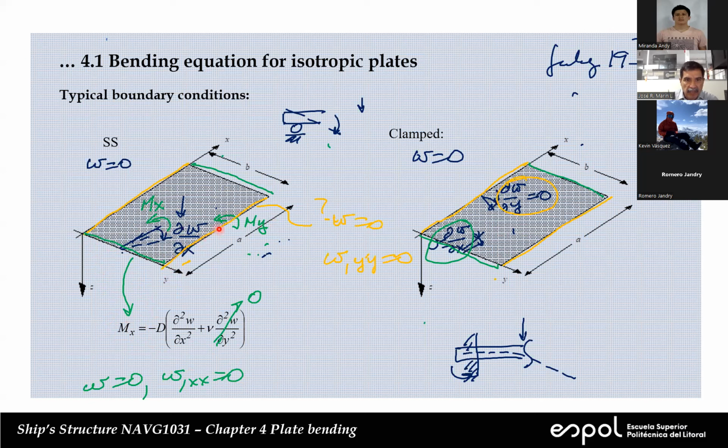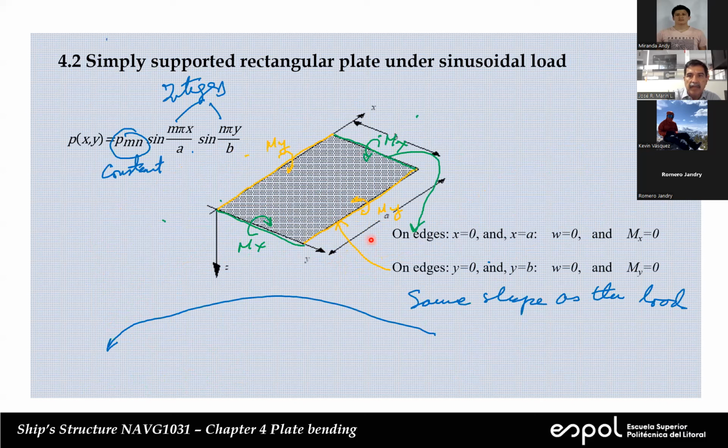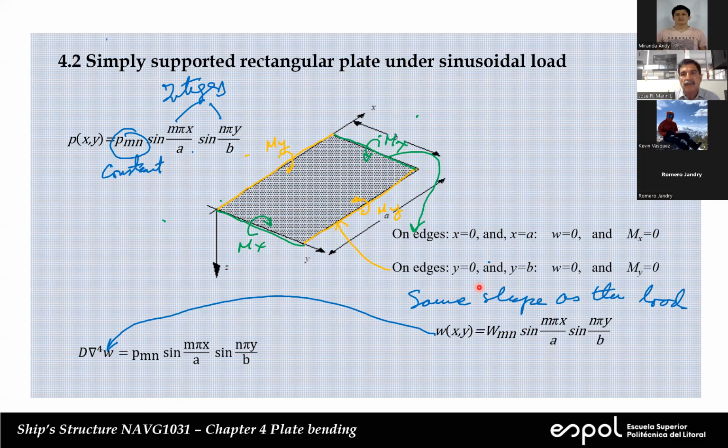Since the edge cannot move, w is exactly 0 along the x direction. So the second derivative in the x direction has to be 0. So if we need this to be 0, then the second derivative in the y direction has to be 0. So in this case, we apply these details for this case.